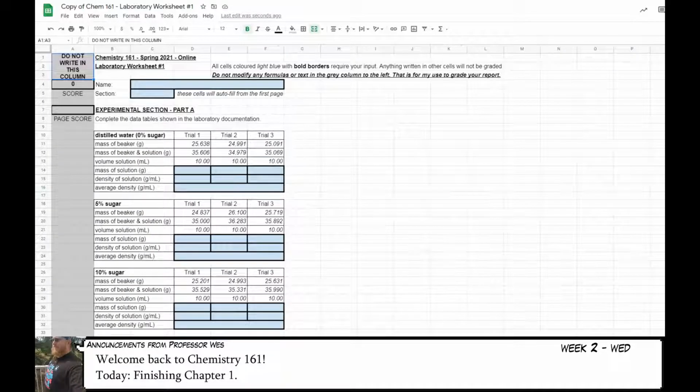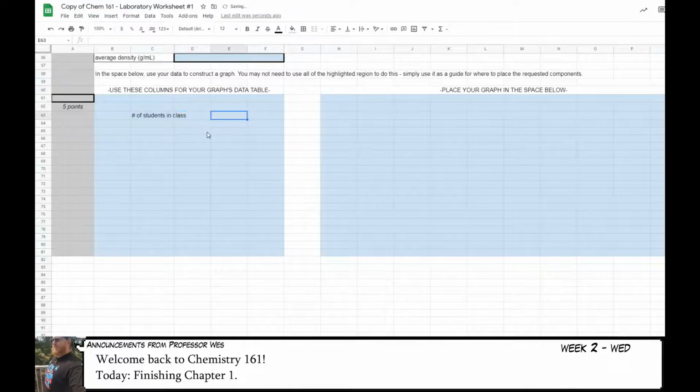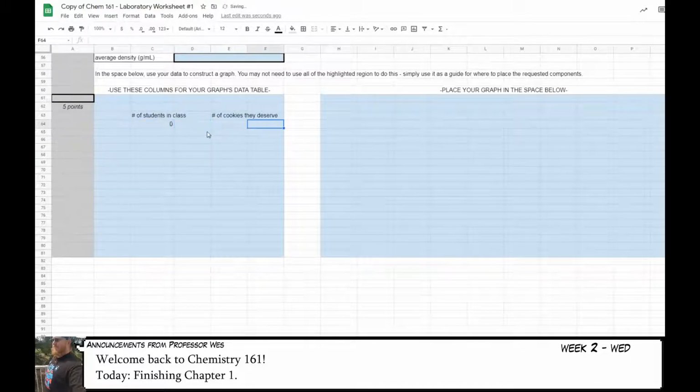All right, so this is this section right here. We're going to make just a generic data table. So this will be number of students in class, and then this column will be number of cookies they deserve. All right, so if nobody shows up to class, nobody gets any cookies.